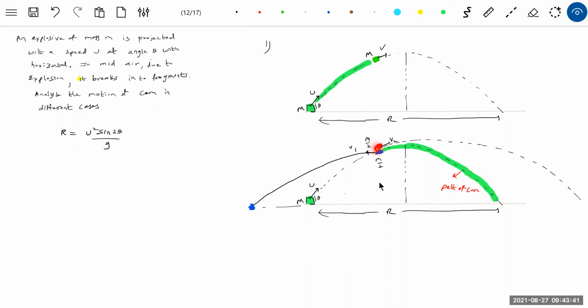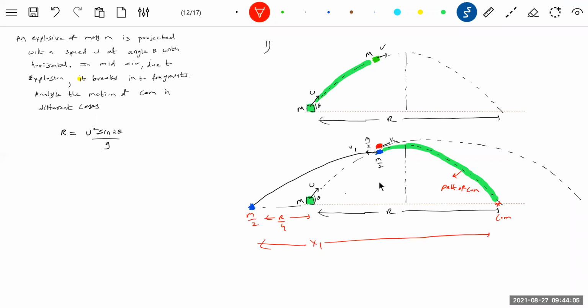One of the fragments will go and land here. Let this distance be r by 4. Where should the other fragment be, because the center of mass will come and strike here? So now m1 x1 should be equal to m2 x2. If this is x1, what about the other fragment?